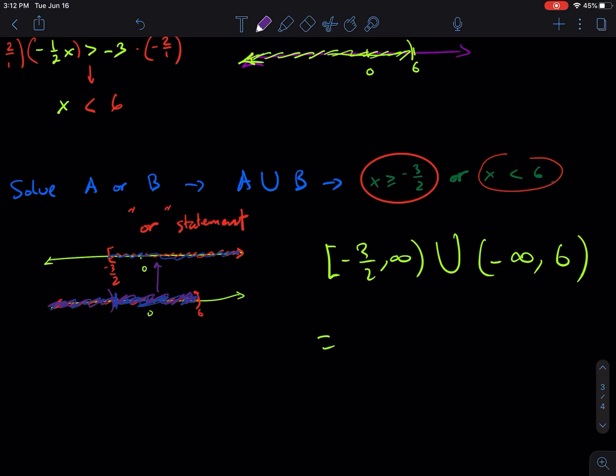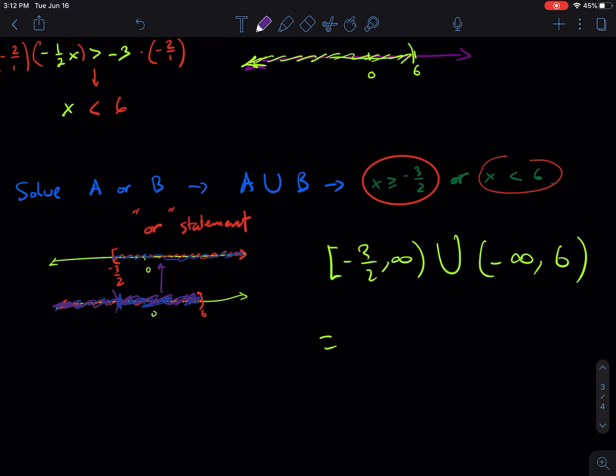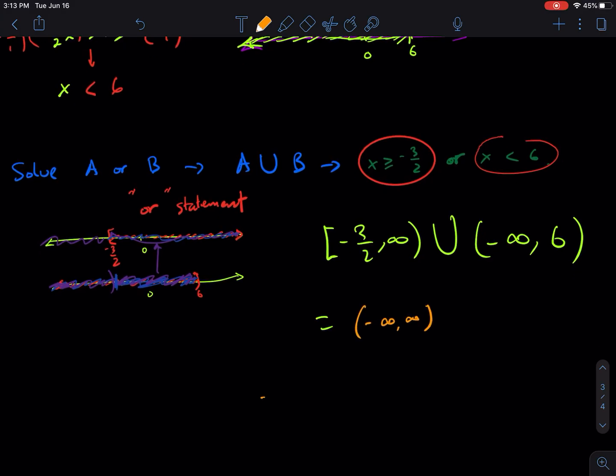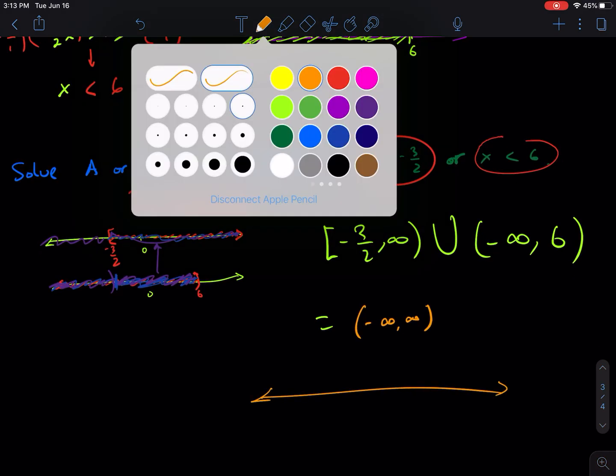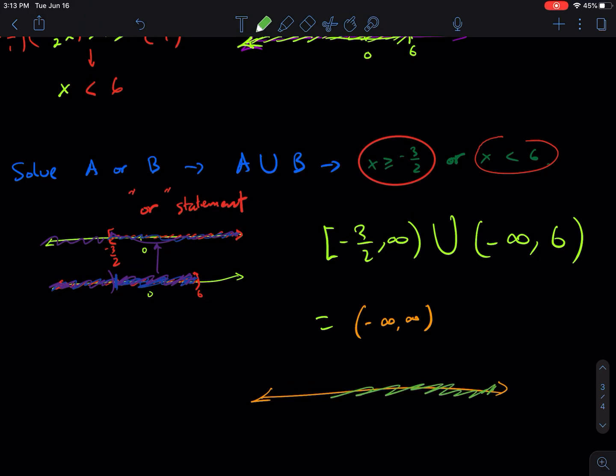The set that contains everything in A and everything in B is actually everything on the number line. A is up to this part, and B includes this part as well. So the union is going to be from negative infinity to positive infinity. It's the entire number line that represents the OR statement for both of these.